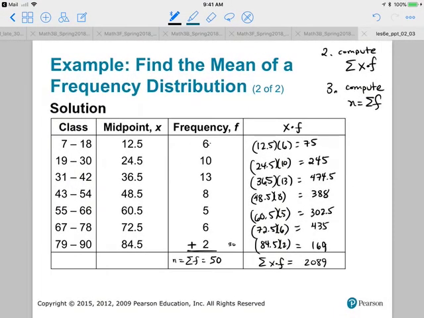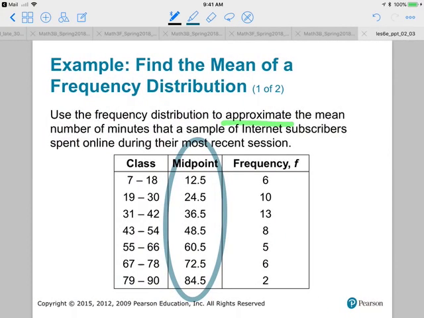Now we are ready to give our approximation of the weighted mean. It should be 2089 over 50, which is about 41.8. Now what are our units? We are approximating the mean number of minutes that a sample of internet subscribers spent online, so the units are minutes.